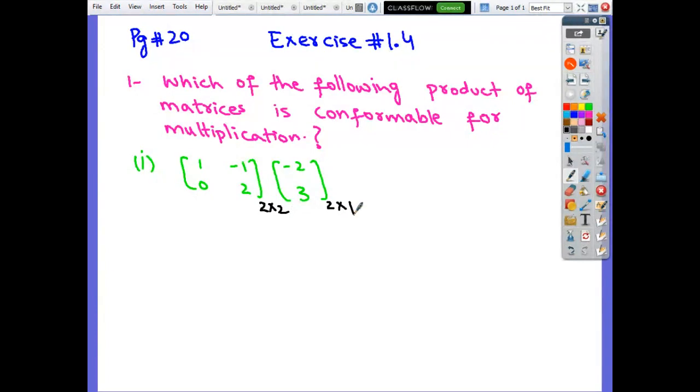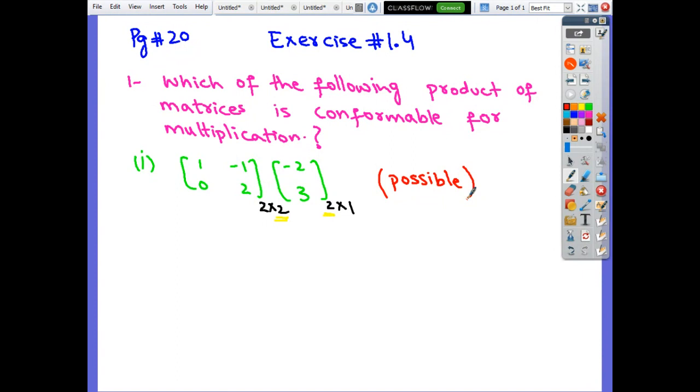By the definition of multiplication of matrices, there are 2 columns in the first and 2 rows in the second matrix. 2 columns and 2 rows are the same. That's why these 2 matrices are possible for multiplication. Therefore, we write possible.